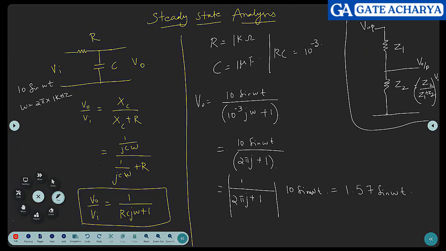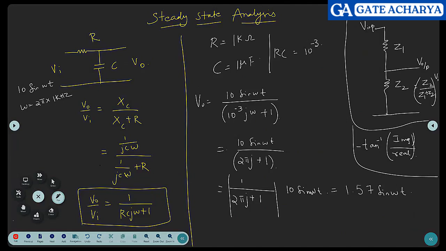It's not complete. What is the phase angle for this? How will you find the angle for a complex number? Tan inverse of imaginary part divided by real part. Now it is in the denominator actually, so you should put minus tan inverse of. What will it be? Tan inverse of imaginary part 2 pi. So tan inverse of 2 pi.